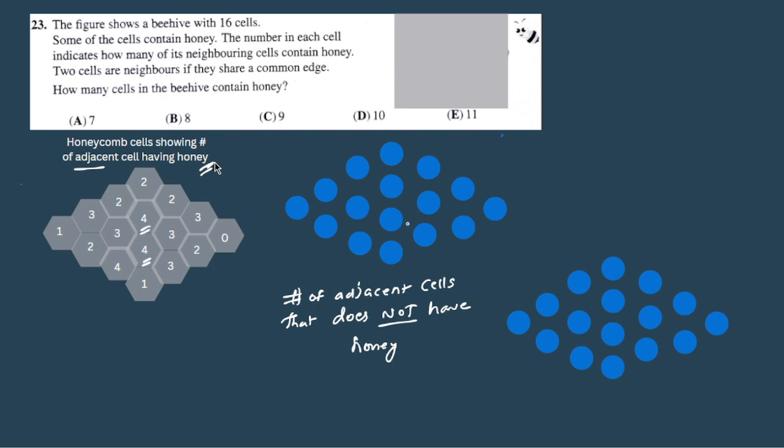So I redrew this grid as shown there, and I'm going to draw arrows to connect the adjacent cells, right?